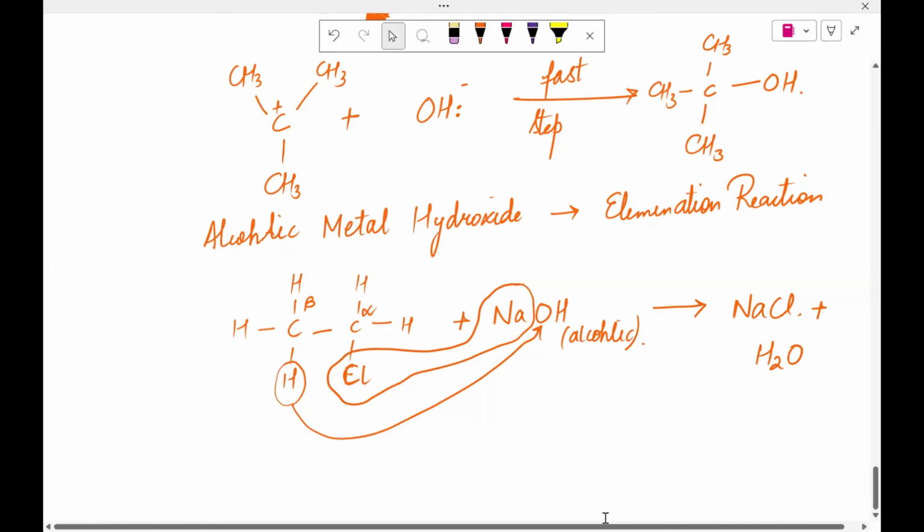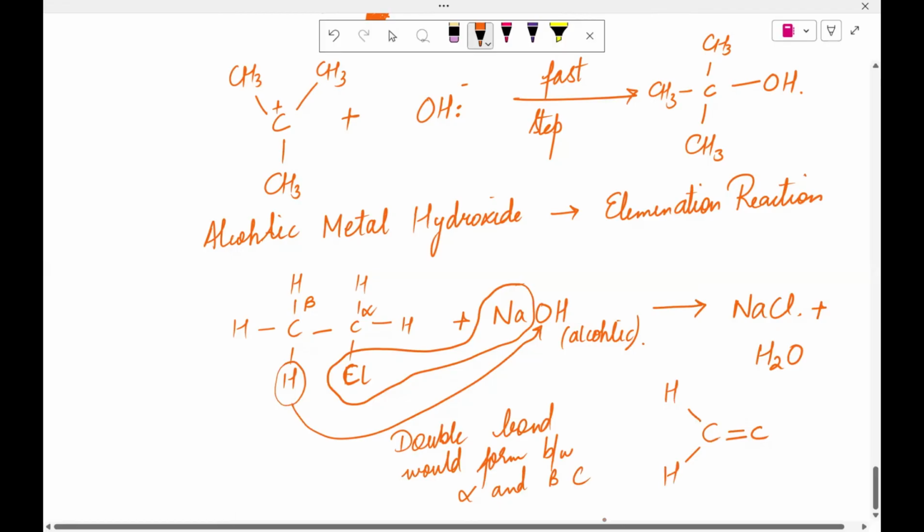And after doing this, remember, a double bond would form between the alpha and beta carbon. So it is going to form like this: double bond carbon, this hydrogen, this hydrogen, this hydrogen, and this hydrogen. Is that clear, Sultan? Yeah.